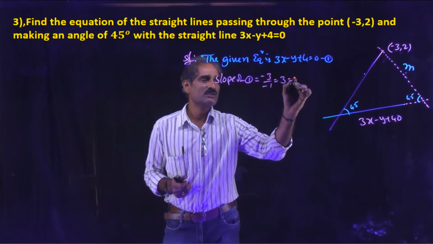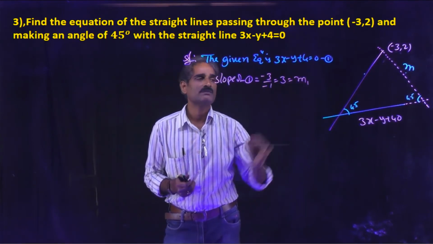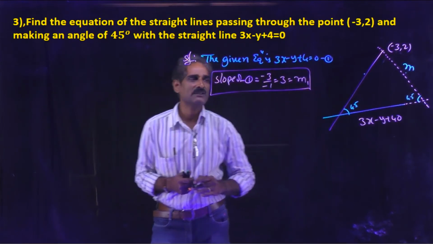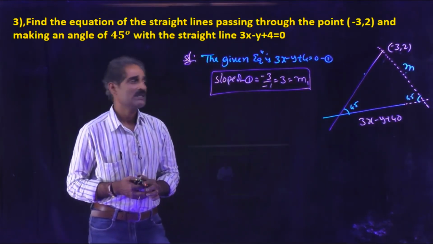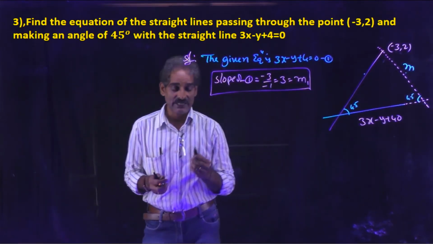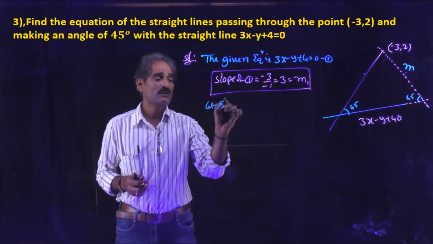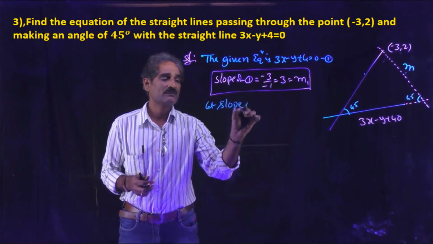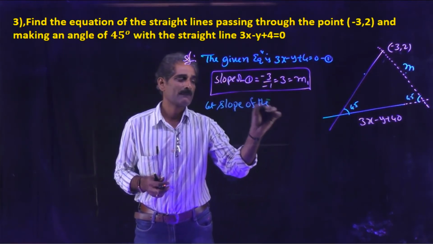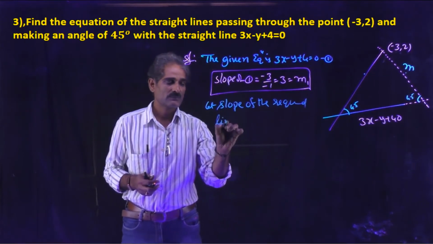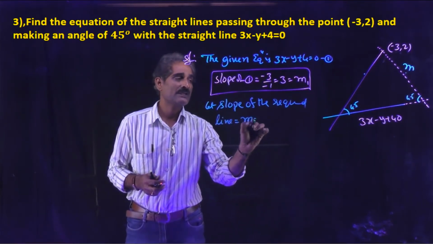Let us take this as m1. So m1, the slope of the first line, is equal to 3. Let the slope of the required line be m, let it be m2.